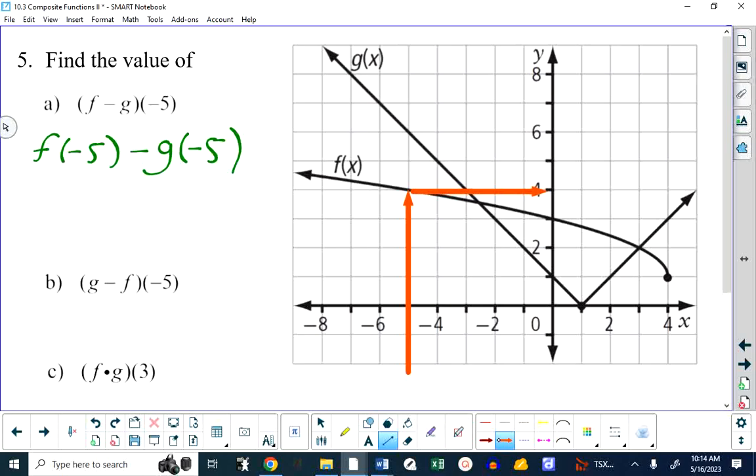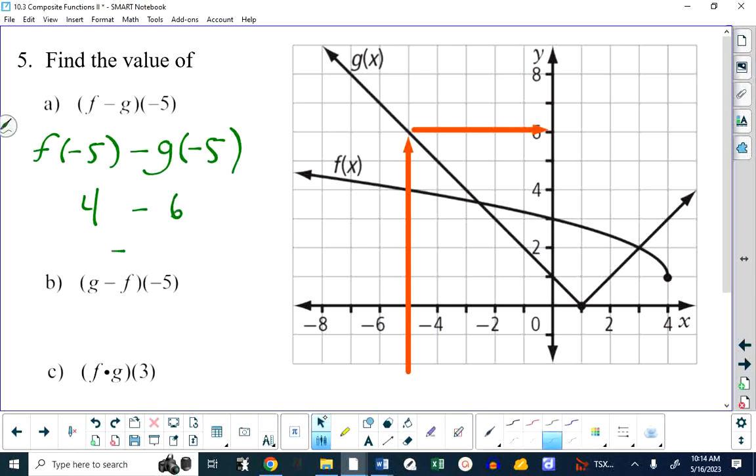And the answer is 4 comes out. This is 4. Minus, what is g of negative 5? Well, for g of negative 5, you look at x equals negative 5 going in, and what comes out of g is 6. So this is negative 2. I'm hoping that many of you can answer B without doing much work.